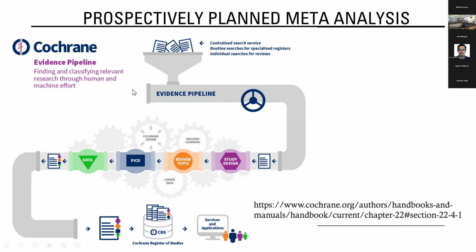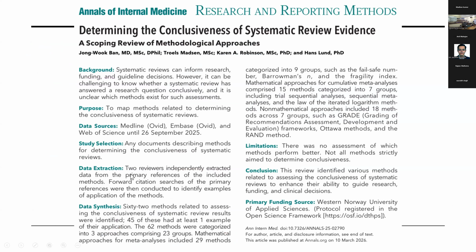Now I just wanted to put this up because much of my talk is based on this particular paper by Ban and Lund and colleagues. It was published in March 2026 in the Annals of Internal Medicine. It says determining the conclusiveness of systematic review evidence. So very often what I am going to talk about will sound like taking an article and making mincemeat of it and saying it's useless.